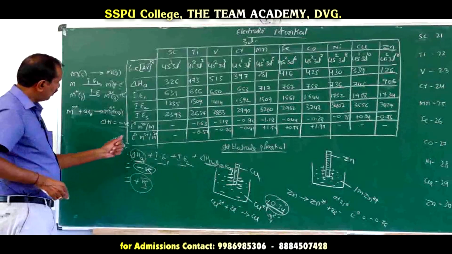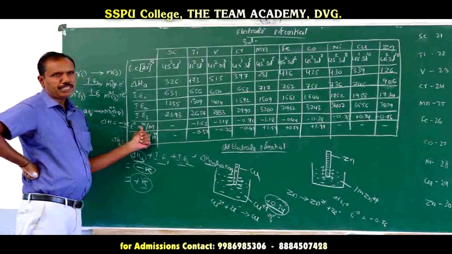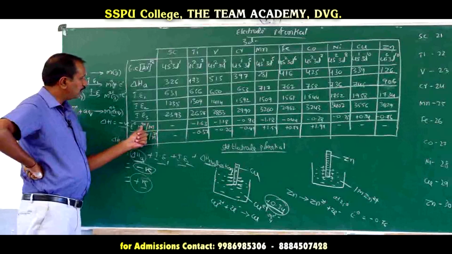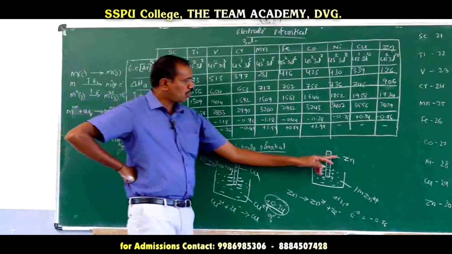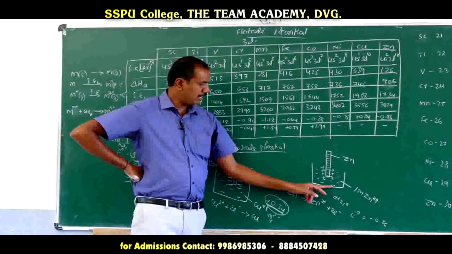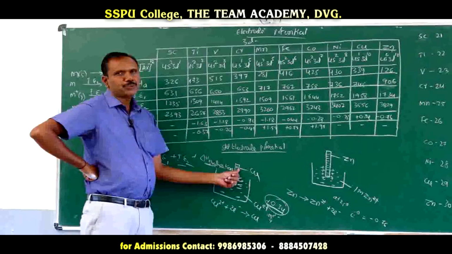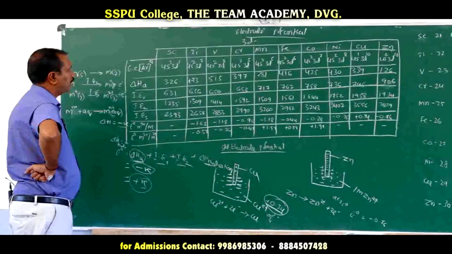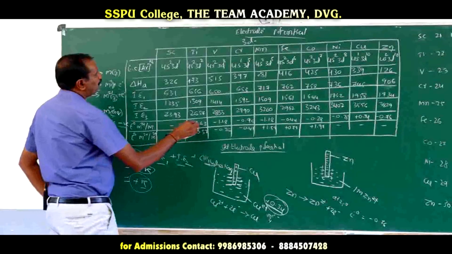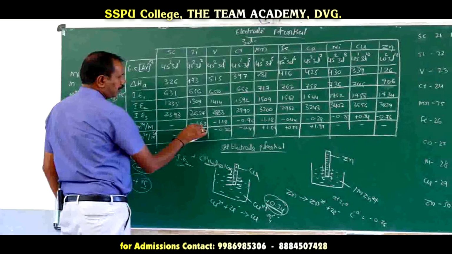First, let us discuss M becoming M2 plus, meaning the metal becomes a divalent metal ion. When the zinc rod is in contact with its own ion, it becomes Zn2 plus, or Cu2 plus becomes Cu. So what is the comparison of the electrode potentials? In case of titanium, it is minus 1.63, more negative.